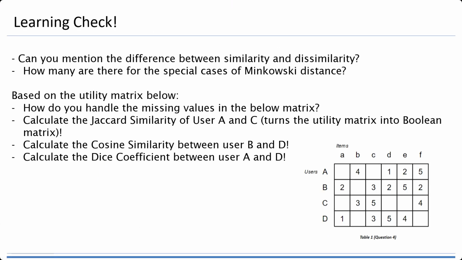After you turn this into Boolean, you can measure it. But what about the cosine? In the cosine similarity, you can just use the values as they are. Okay, so please try at home. We will discuss it in the next class.